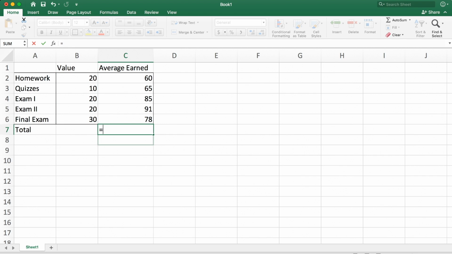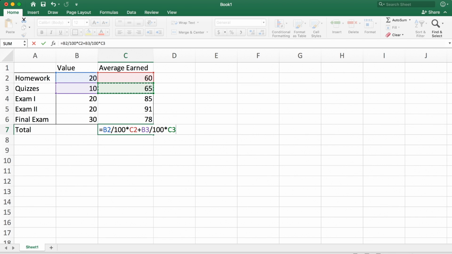And so we might let this total equal to B2, or our 20, divided by 100, because we need to turn that into a percentage, times the value earned for homework, C2. And add to that the percentage of quizzes, divided by 100, times the average earned on quizzes.